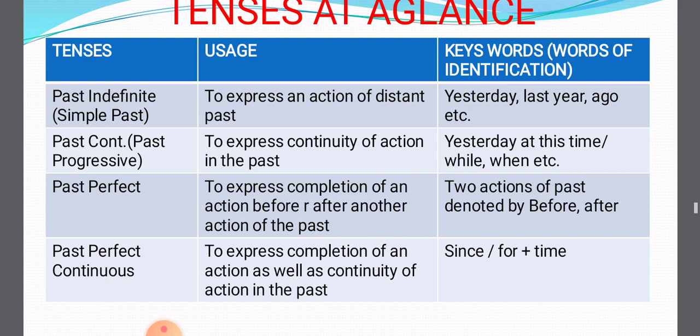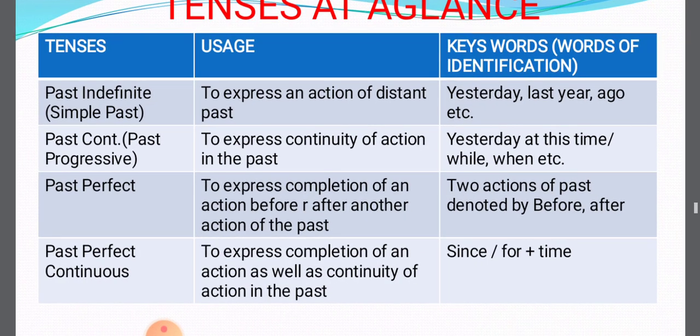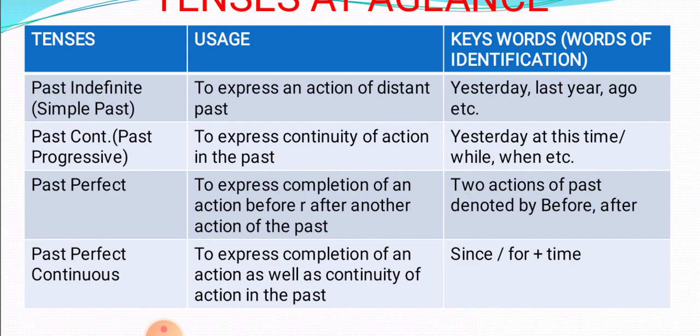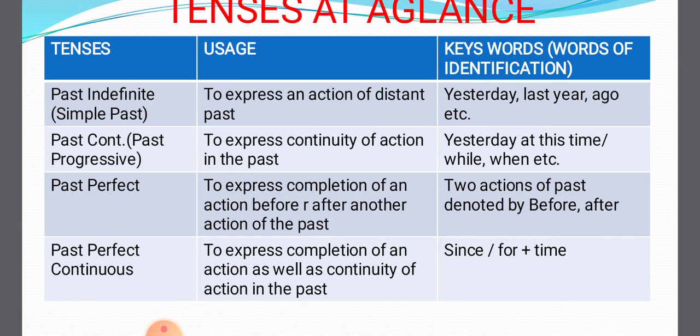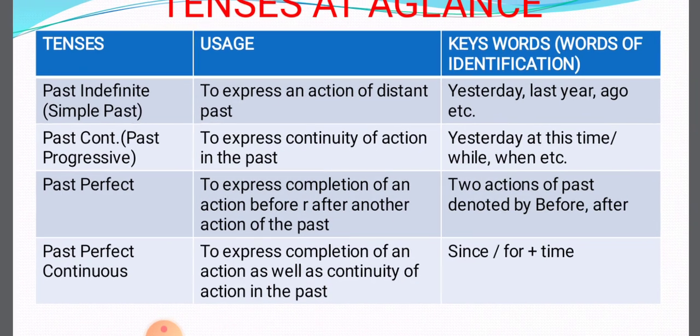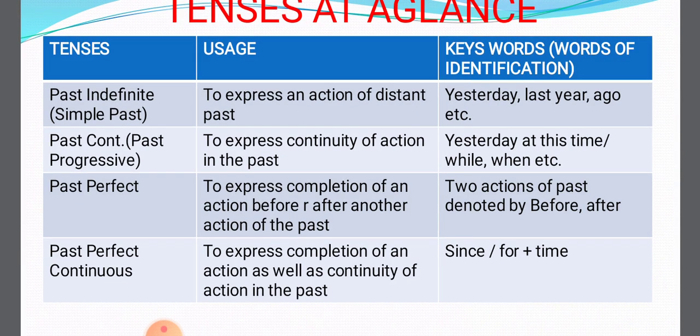Now past perfect continuous to express completion of an action as well as continuity of the action in the past. This is important. To express completion of an action as well as continuity of action in a specific time in the past. Okay, here also the keywords are since and for plus time. But the difference is that we will discuss more there in contrast to two different tenses.